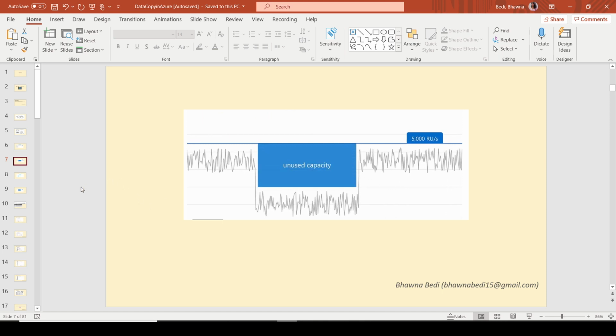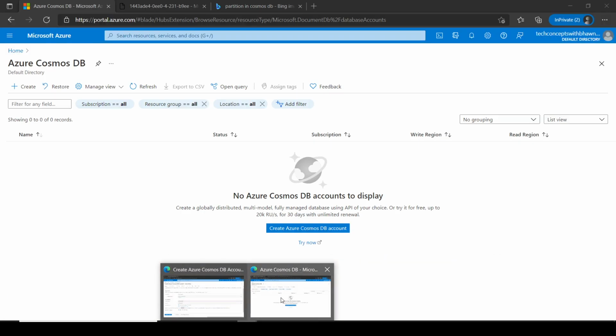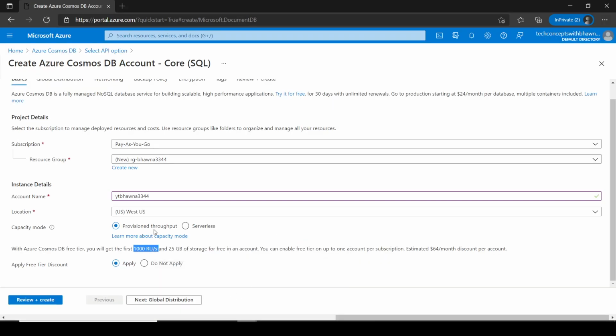Now the concept of serverless throughput is basically, in this case, you only pay for the throughput or the data processing that you do. That's all. So if your query is requiring only one RU, then you are only paying for one RU. If your query is requiring 5 RUs, then you are paying for 5 RUs. So that is the concept of your serverless and your provisioned throughput.